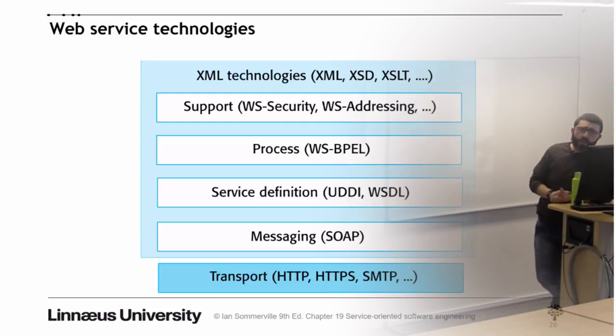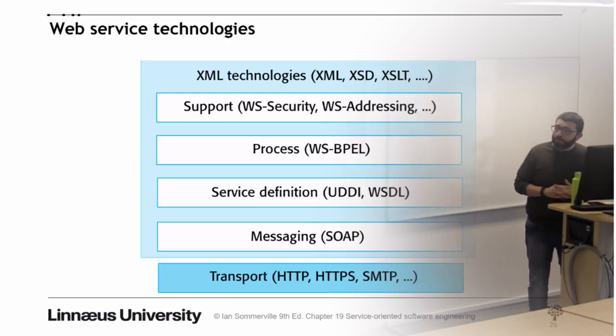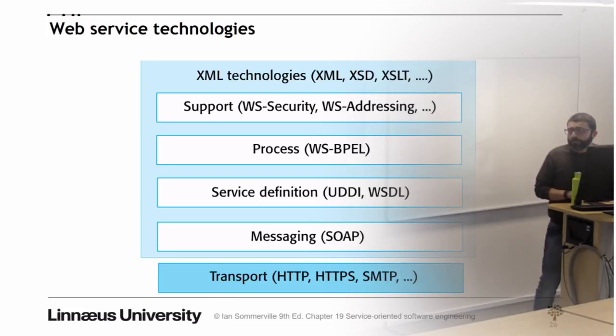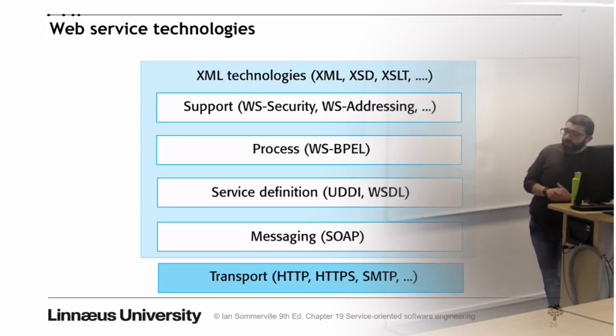Then we have the service definition, and in particular we have WSDL, which is a language that allows us to describe the functionalities provided by a service. And then we have UDDI, which is a language that allows us to implement service discovery. Then we have some process language.